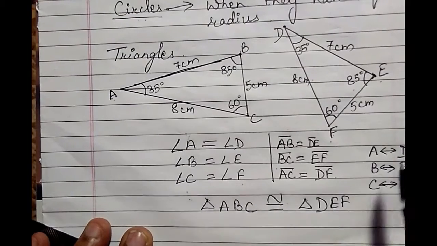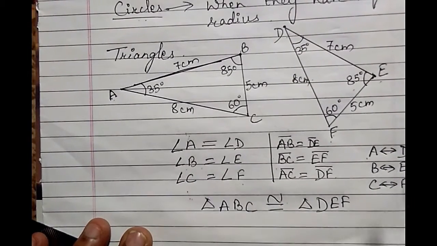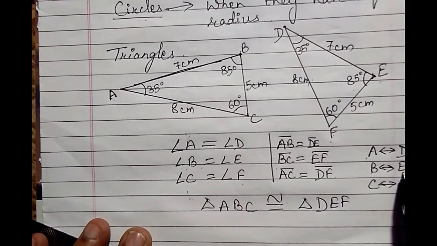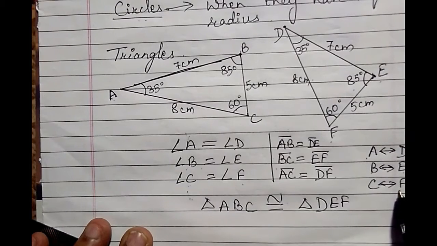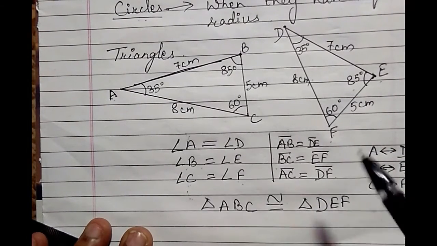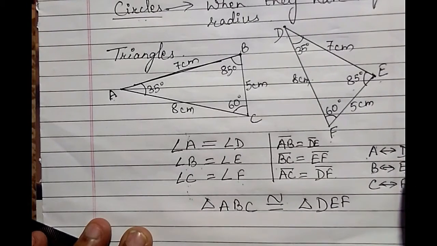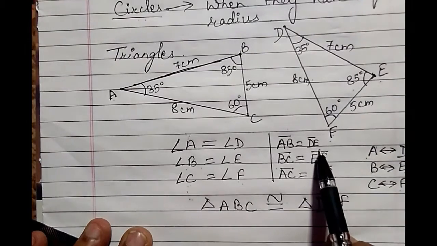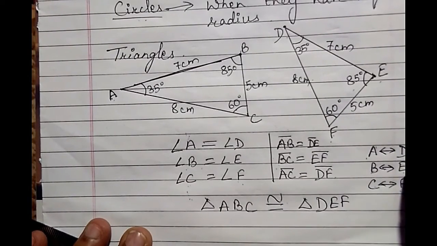When we talk about A, its corresponding angle is D. If we are talking about angle B, the corresponding angle is E. If we talk about angle C, it is corresponding to F in the other triangle. Similarly, AB corresponds to DE, so line segment DE. BC, these two being equal, what will be the third? EF.